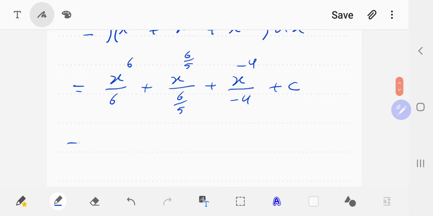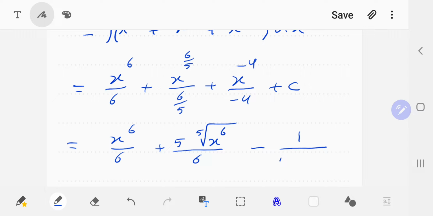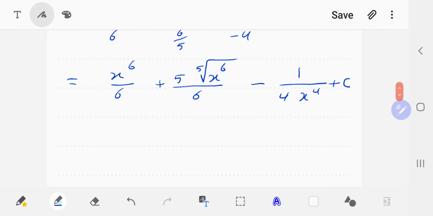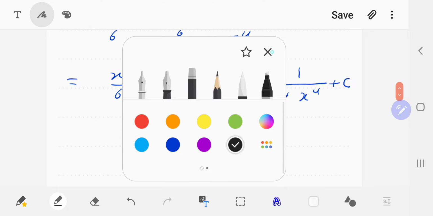Of course, you need to simplify this. x to the power of 6 over 6 plus, when you multiply by 5 over 6, you will get 5 times x to the power of 6 under fifth root, all over 6, minus 1 over 4 multiplied by x to the power of 4, plus c. I think the idea is clear now.